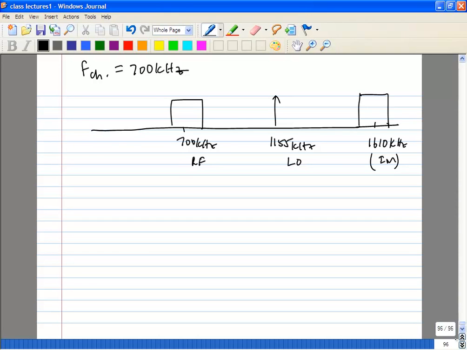Is that clear? What does it mean when you move your image out of band? Remember that in any receiver you have a band select filter. So if you move your image out of band, it is already knocked down a lot by your band select filter, which means you don't have to worry about your image anymore.